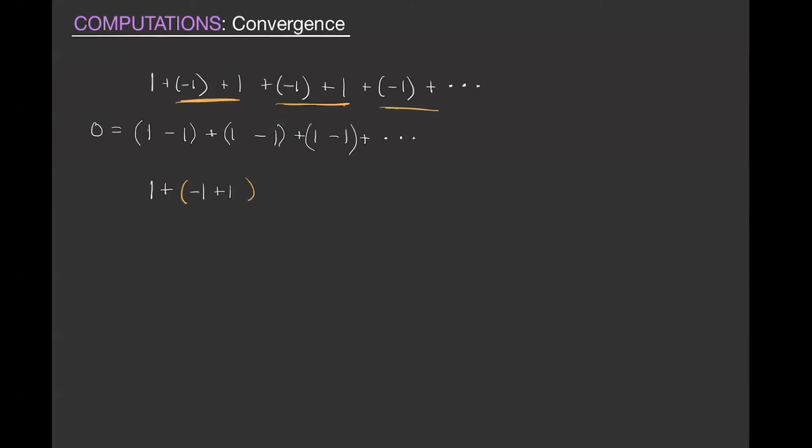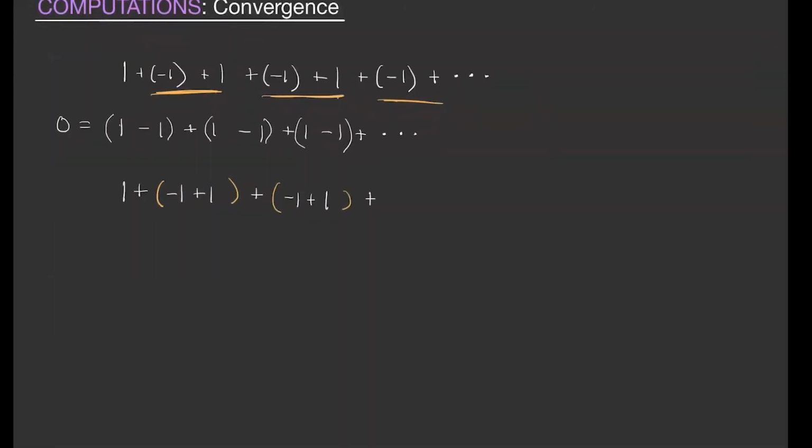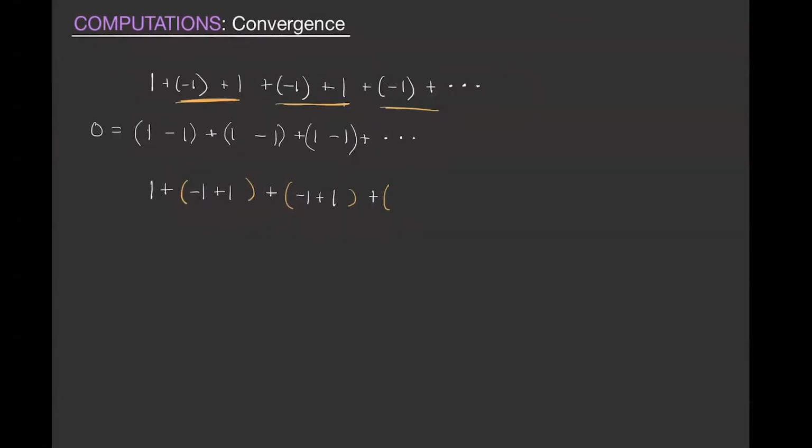We have -1 plus 1. Then we have plus again, -1 plus 1, plus, and finally -1 plus 1. But then that would keep going. If we group it like this, what you'll get is actually 1.